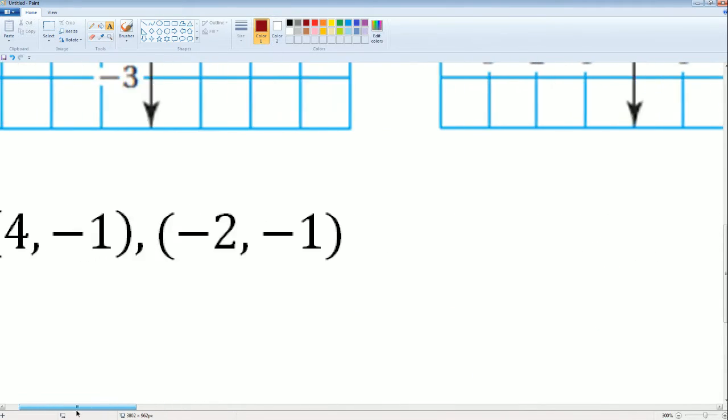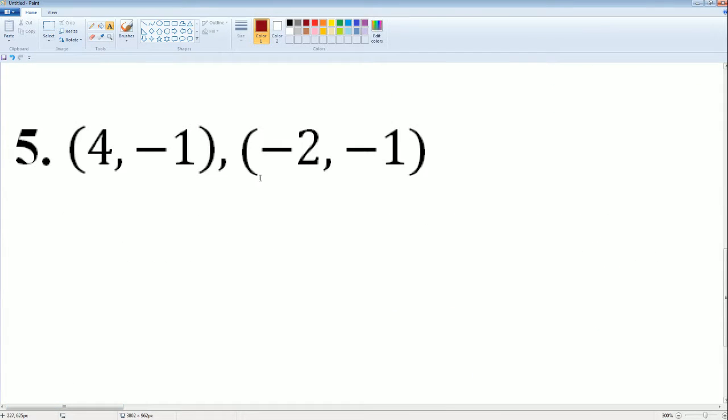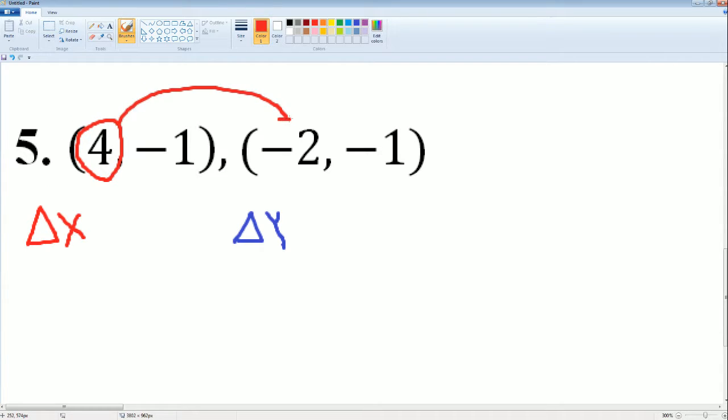Okay. Next, we have these points. This is the first point, and this is the second point. Same process as before. What are the two things that we need? We need a delta x, and we need a delta y. Let's get the delta x first. We're going from 4 to -2.